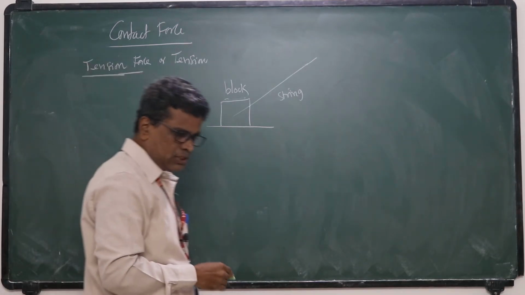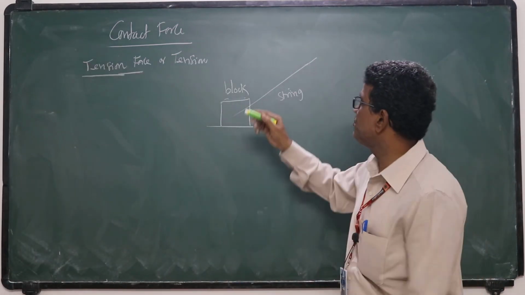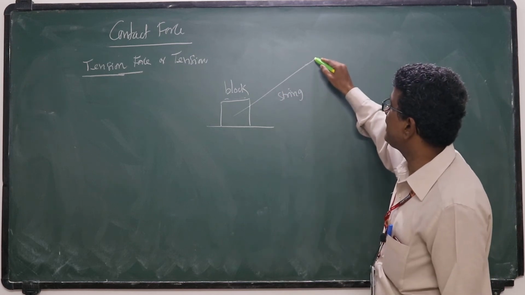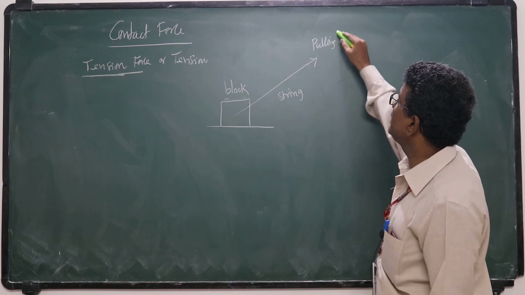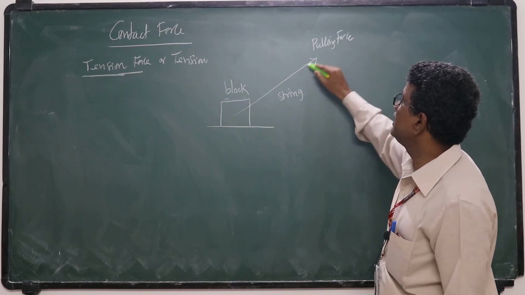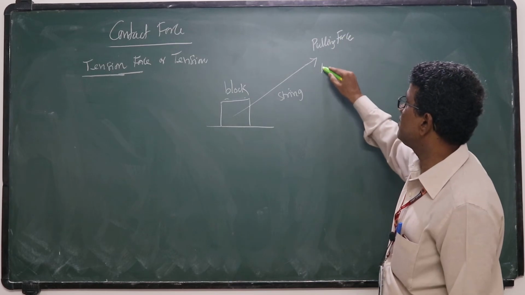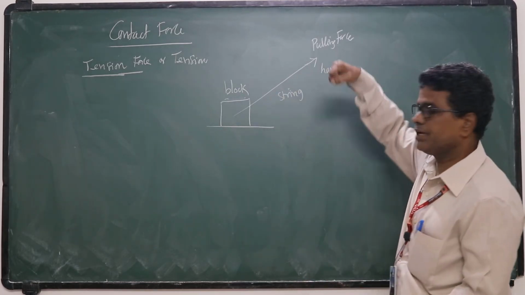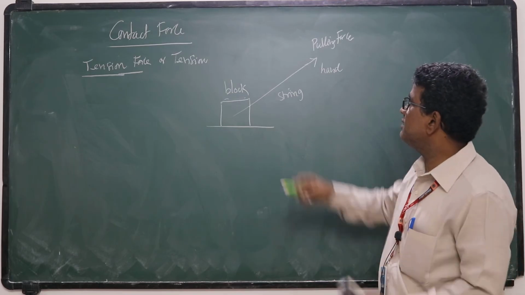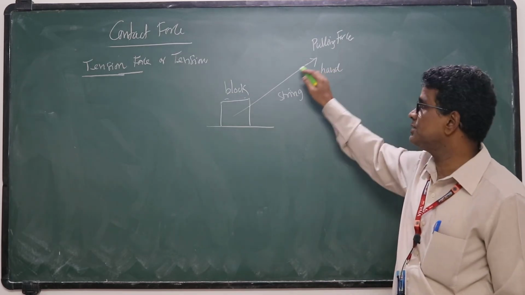So when the string is loose, and you pull this string with your hand, that is a pulling force. So this hand pulls the string. If you are not pulling, the string is loose.